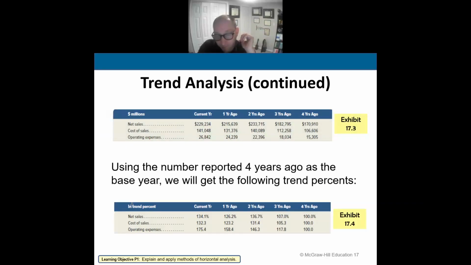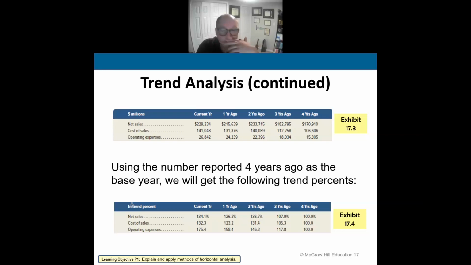We can go back as far back as you want to go. In this example, we go back for 4 years. And looking at the 4 years, the current year divided by the previous year times 100 gives me the percent trend change. And so that kind of tells me the overall trends of what's been happening, right?